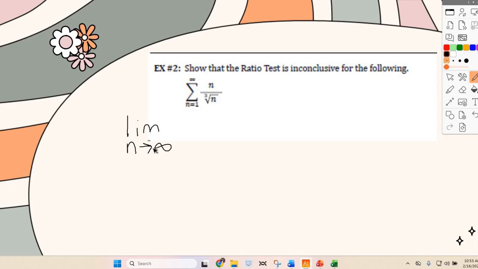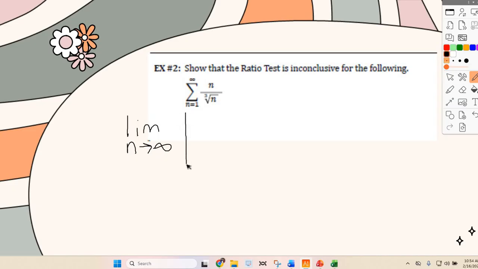Yeah, maybe, just not for this problem. Correct. Is that a cube root? It is.